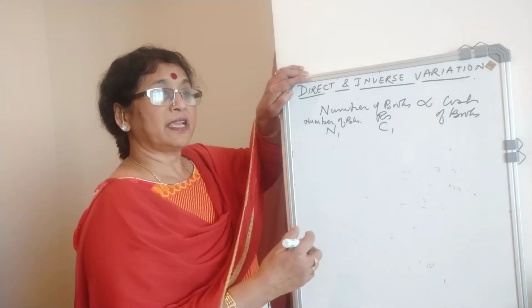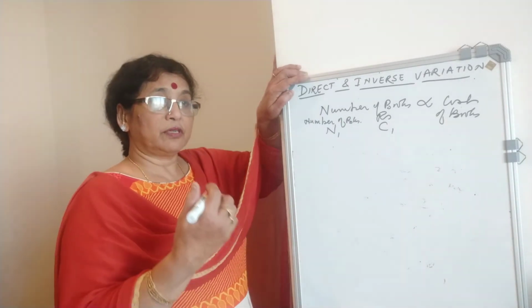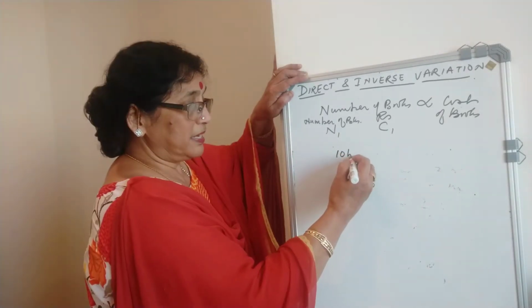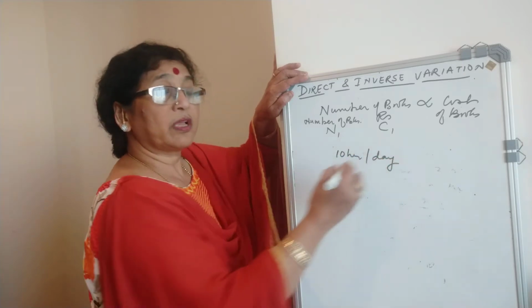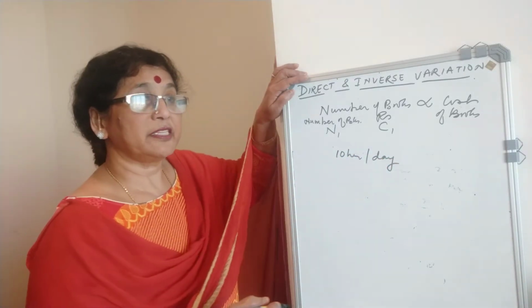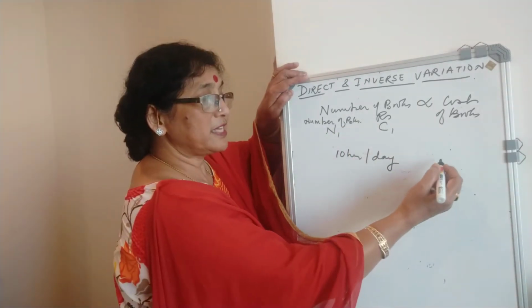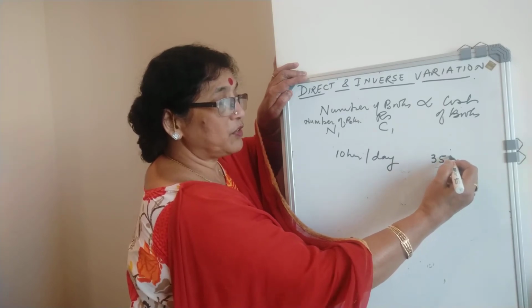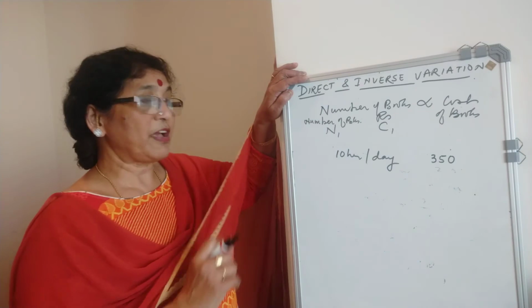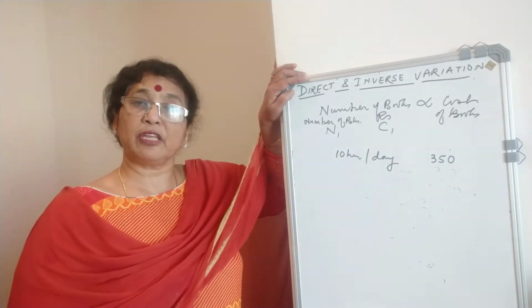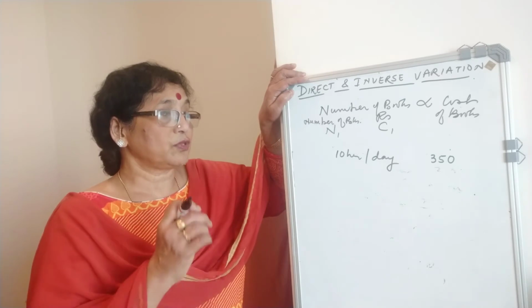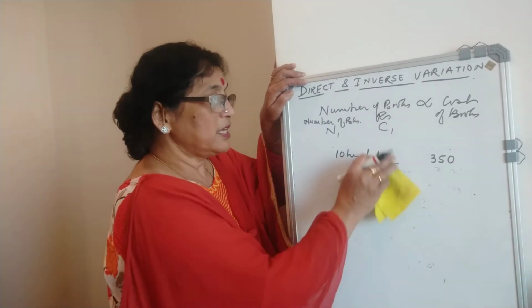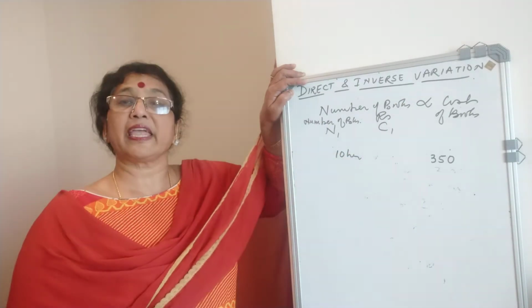Suppose I say the same thing: I work 10 hours a day, and I am paid 350 rupees per day. So let's say if I work for 10 hours, I get 350 rupees.